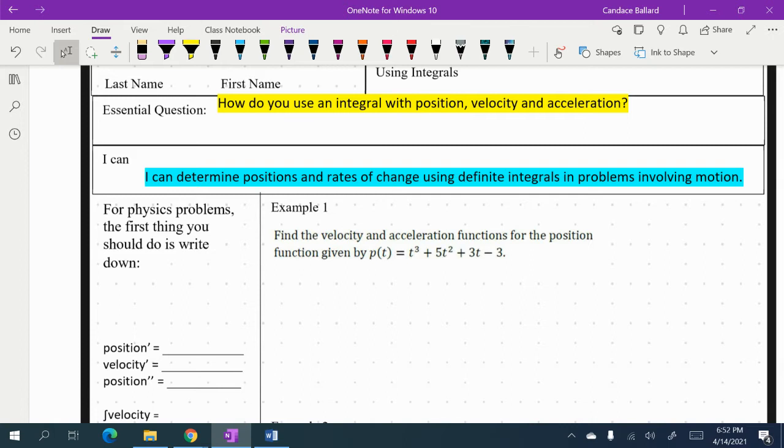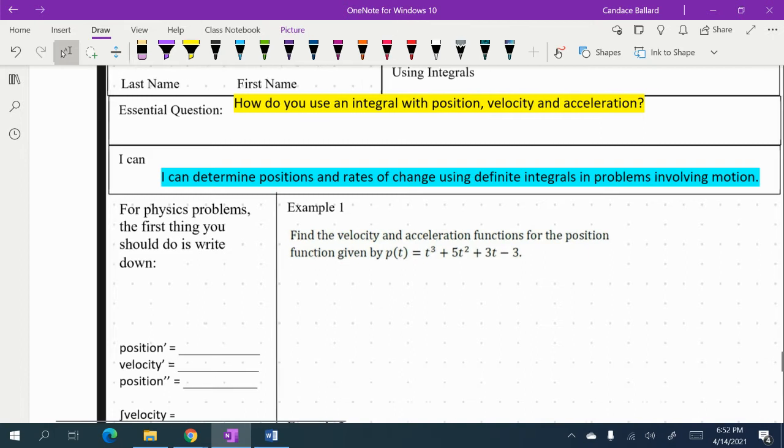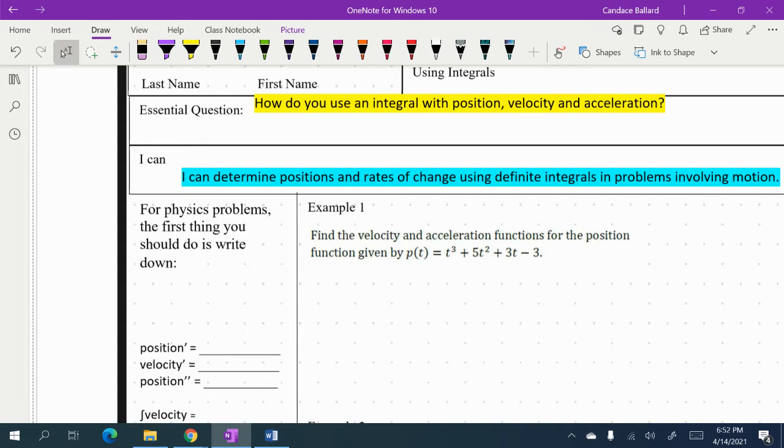So in this video, we're going to particularly concentrate on the column on the left-hand side, for physics problems. You know it's a physics problem if you see the words position, velocity, or acceleration in it. And we've seen some of these before. The first way to write this down is IAVPD, and the mnemonic is I am very proud dude.